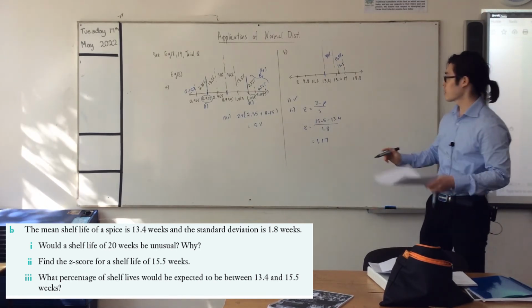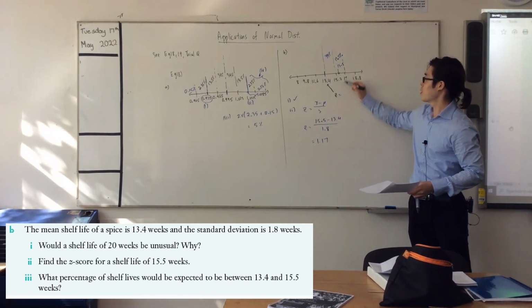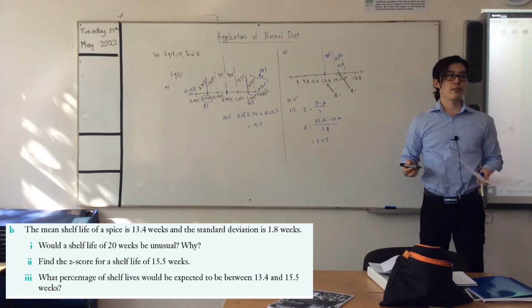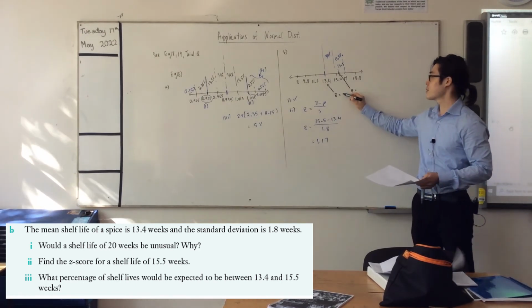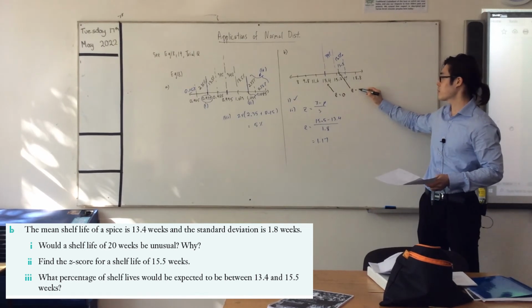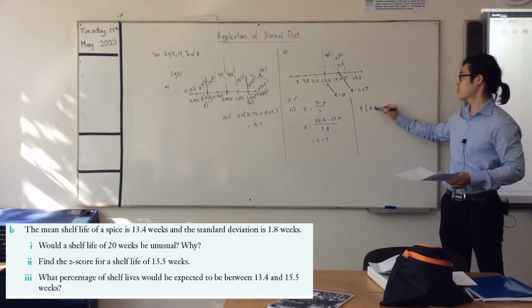Here's how you do it. So basically, now, girls, what z-score does the mean have? 0. And we just figured out the z-score 15.5 has? Yeah, so what you need to do is you have to go back to the table and basically find this.